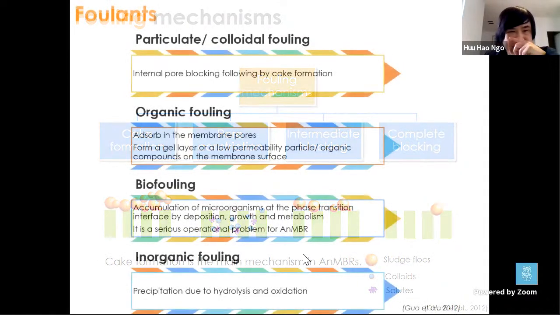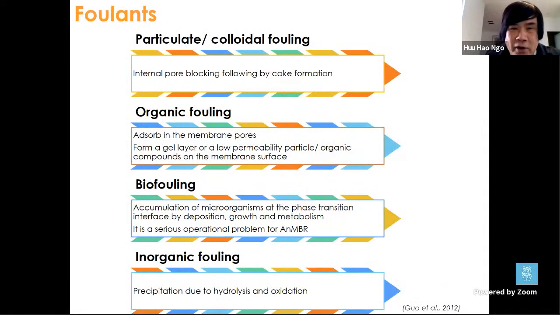All right. And then we have colloidal fouling, organic fouling, biofouling, inorganic fouling. But I just want to talk about biofouling because for an anaerobic MBR, the more serious reason is the biofouling, because microorganisms grow on the membrane surface and even inside the pore.